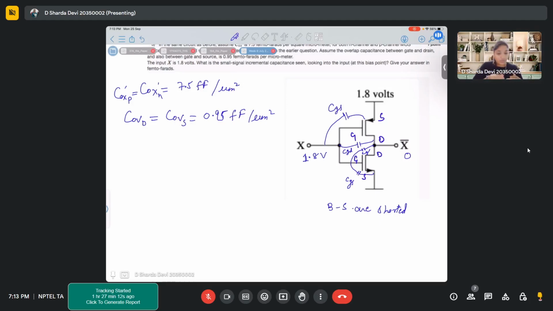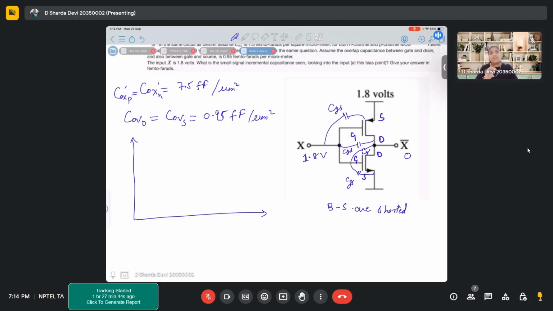So what I was saying is, we have these four capacitors which will definitely come into picture, right? Now, first things first, the capacitors that we have are CGD and CGS of both the transistors. And if we observe very carefully, what is the behavior when your input is 1.8?